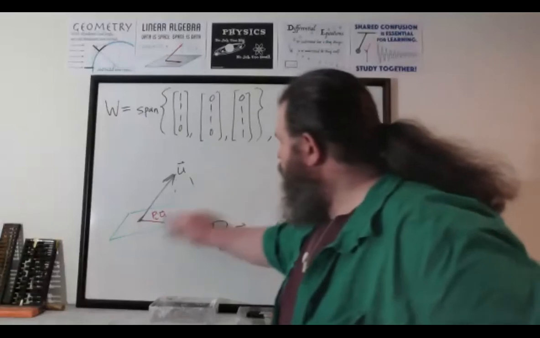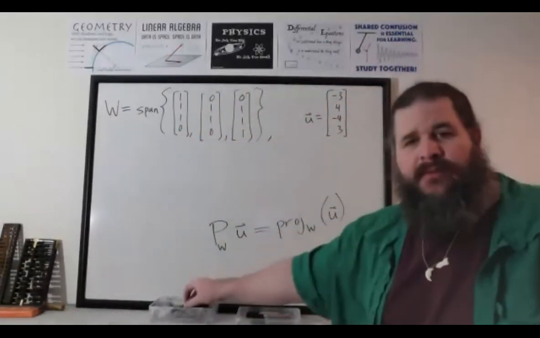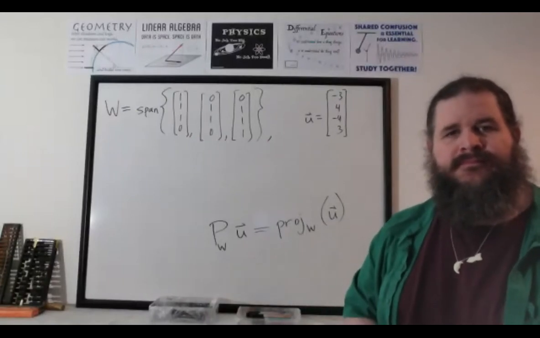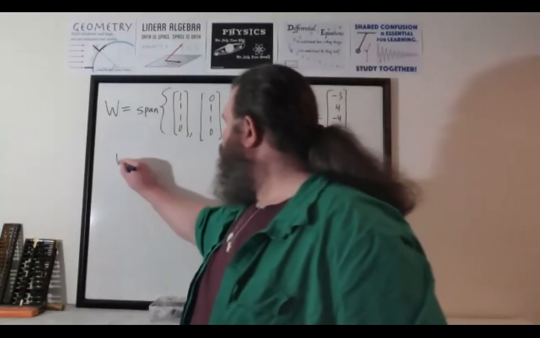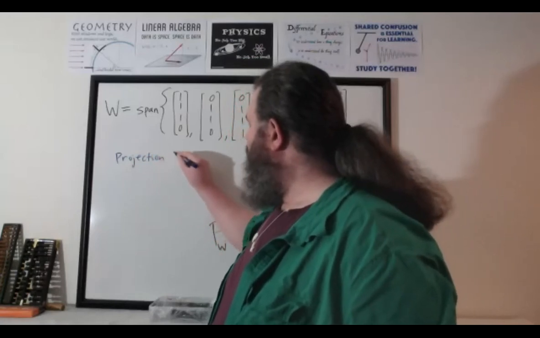What's our usual procedure for creating the projection matrix based on having a basis for the subspace? We turn the vectors into a matrix. Do we have a formula for building that?